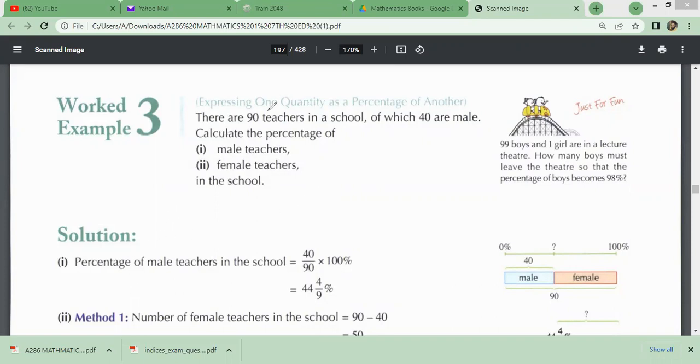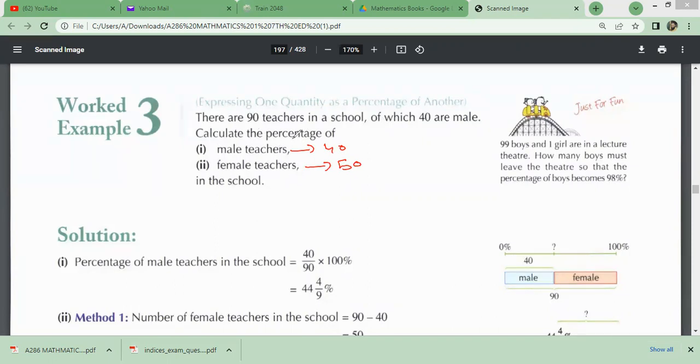So over here, the example was given that there are 90 teachers in a school, of which 40 were male, and obviously 90 minus 40 is 50, so 50 were female. So male teachers were 40, and 50 female teachers were there in the school.